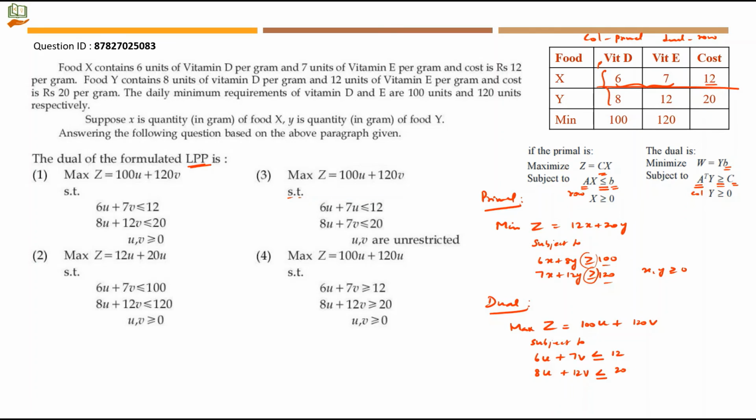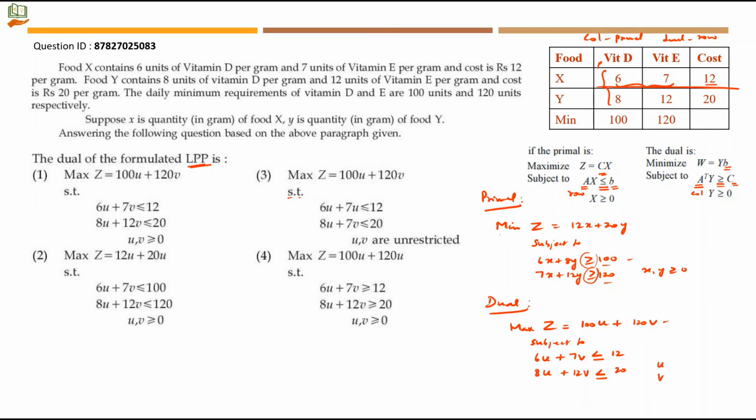The cost should be less than or equal to 12, which says you are minimizing the cost, and the cost is less than or equal to 20, which says you are minimizing the cost. The meaning is not getting changed anywhere. Here minimizing the cost is the objective function. Here minimizing the cost is in the constraint part. Maximizing the daily requirement is in the constraint part and maximizing the daily requirement is in the objective part.